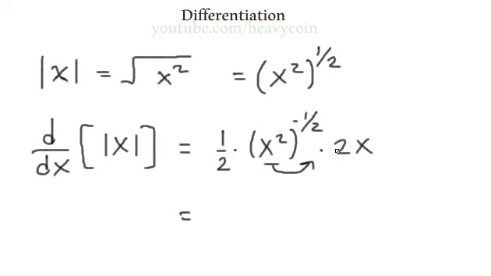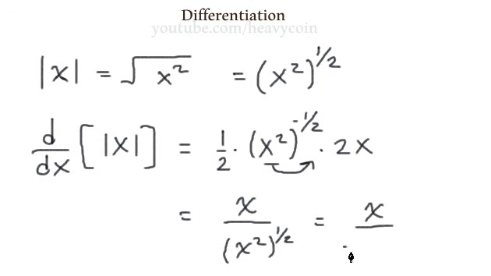A half of 2 is 1, and this becomes just x on top, over, and because it's a negative exponent, I can take this down into the bottom and make it a positive exponent. We can rewrite this as x over the square root of x squared. So the derivative of the absolute value of x is x over the square root of x squared.